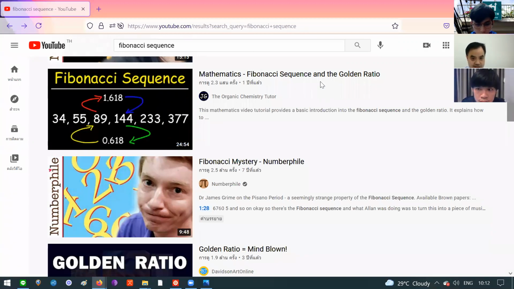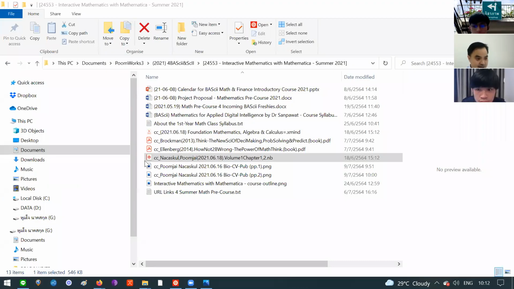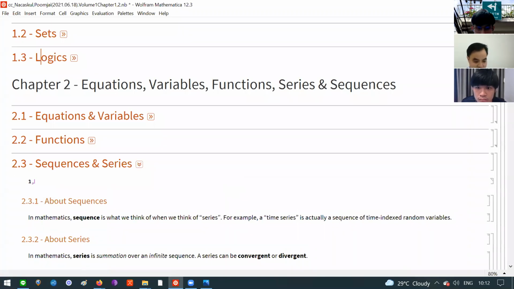Now, of course, just in case some of you haven't heard of the Fibonacci sequence, it's a sequence that starts with the number 1. So it's a sequence of numbers, right? You start with number 1, and then another number 1, and then the next number is generated by adding the 2 previous numbers.